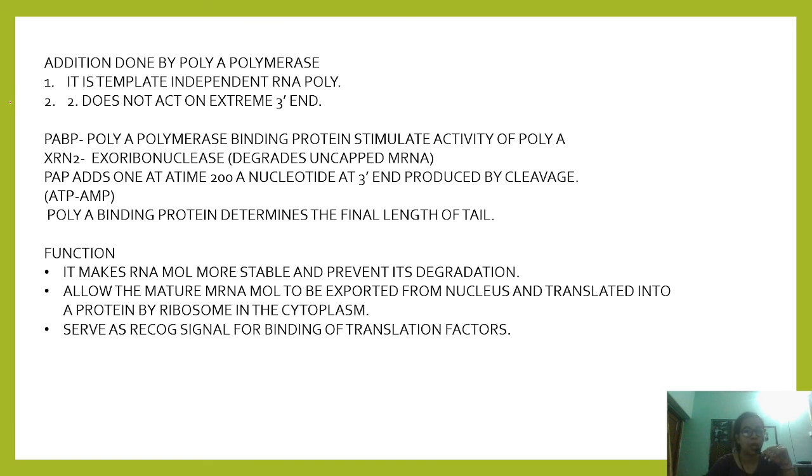Let's see. Addition is done by the poly A polymerase, that is PAP. The PAP enzyme will help in the addition of the adenine sequence, and it is template free. Okay, it does not depend on a template and also does not act on the extreme end of the 3' end.